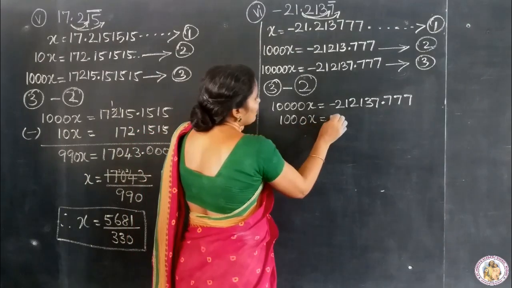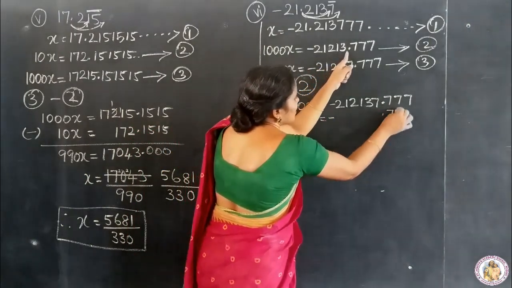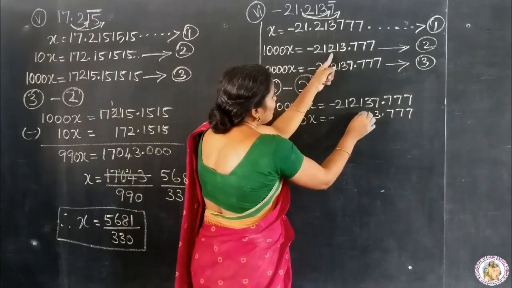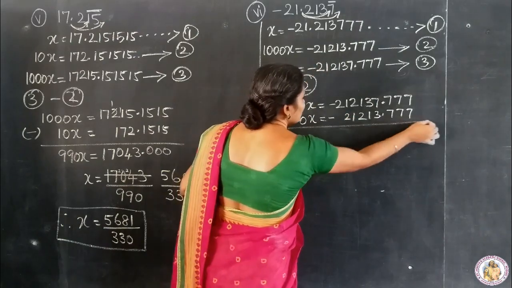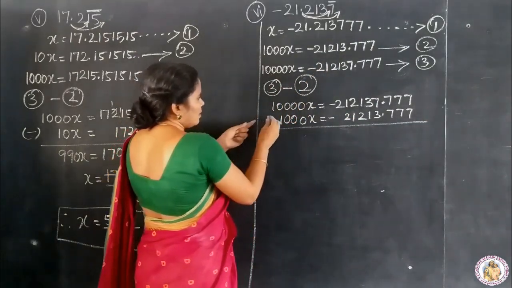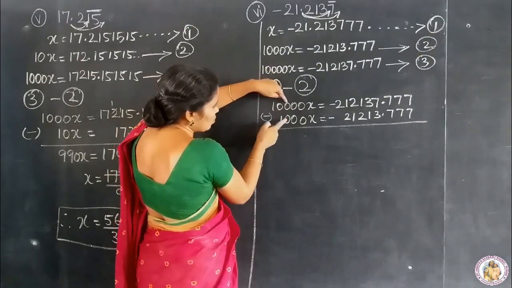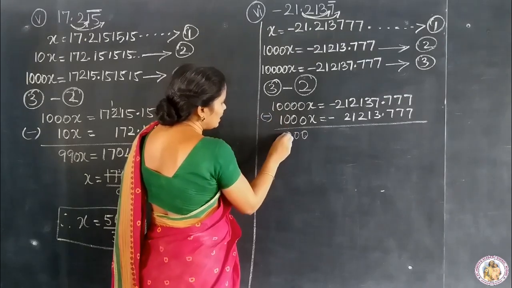Okay, is equal to minus 21213.777. Before decimal 3, 1, 2, 1, 2. Here subtract, so 10,000 minus 1000, 10 minus 1, 9.